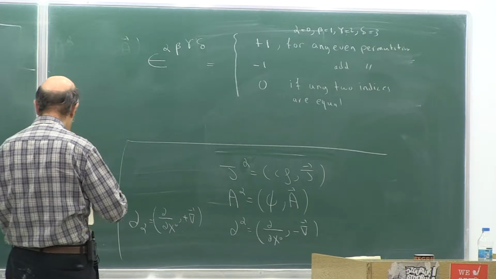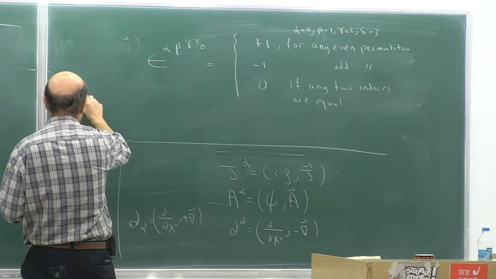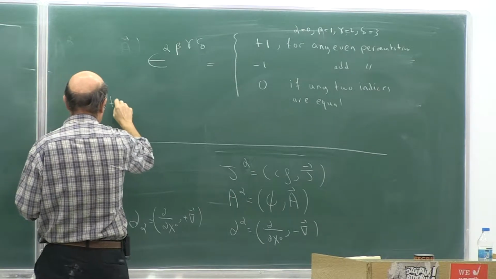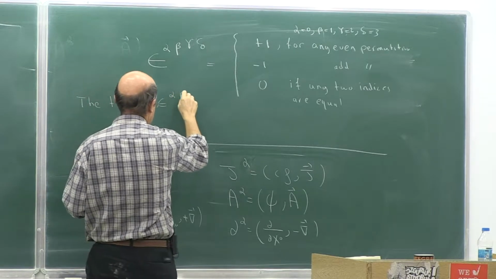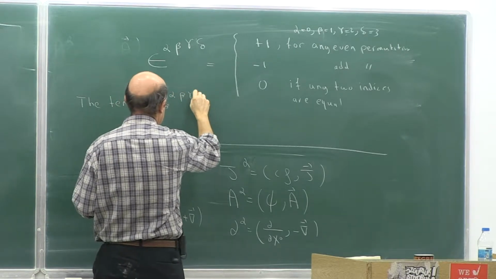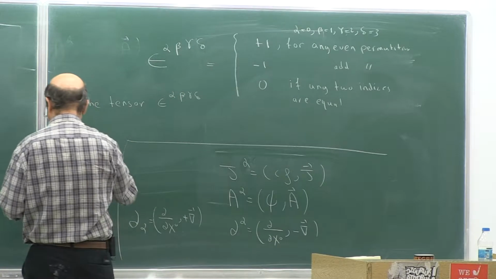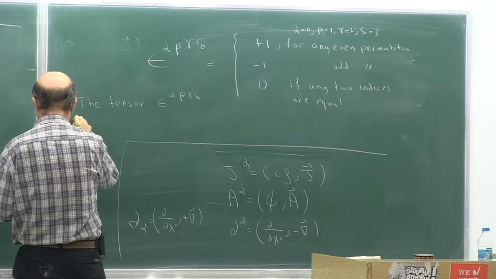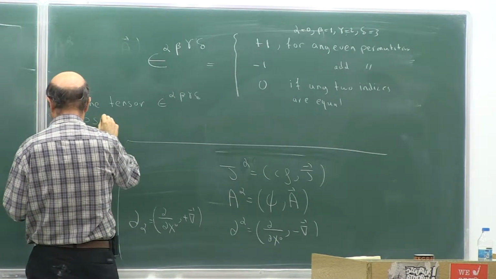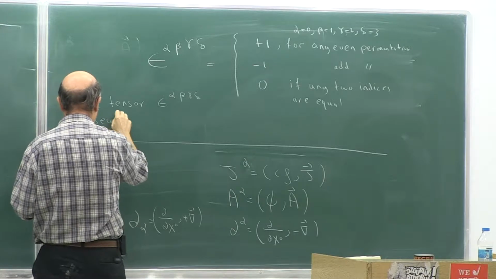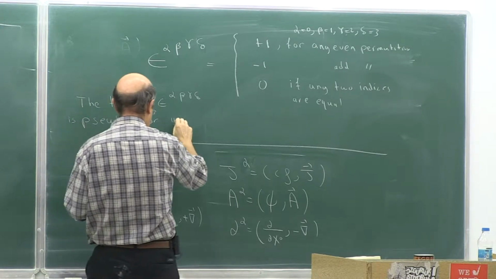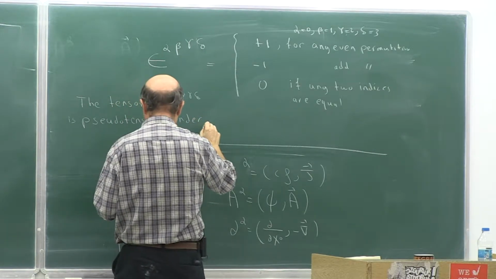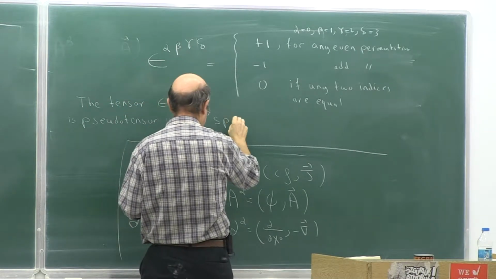So it is called that the tensor epsilon alpha beta gamma delta is a pseudo tensor under spatial inversion.